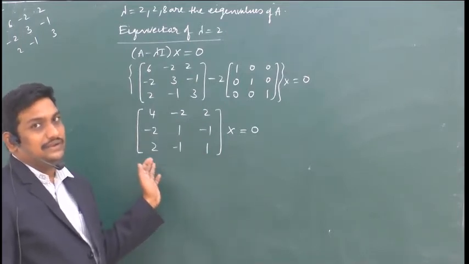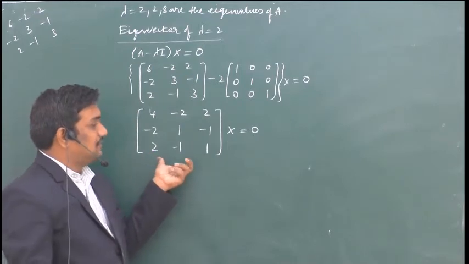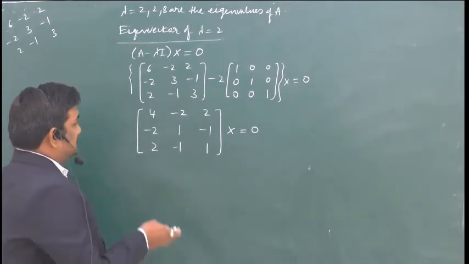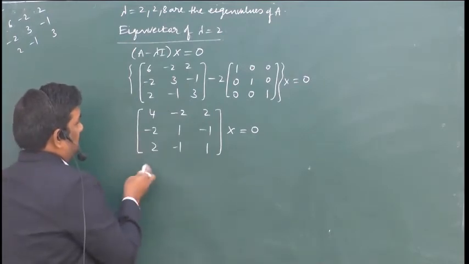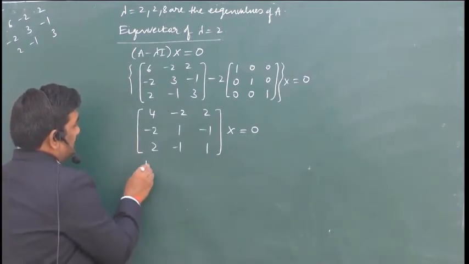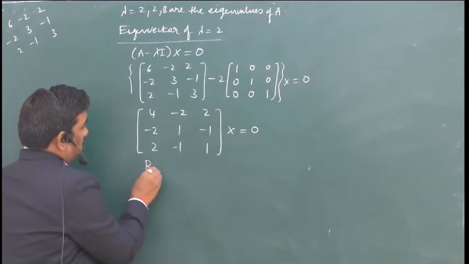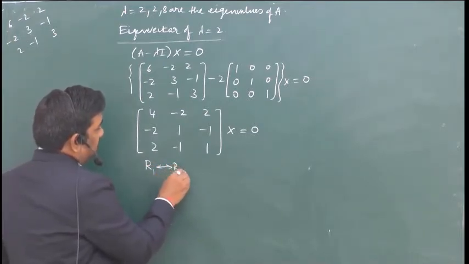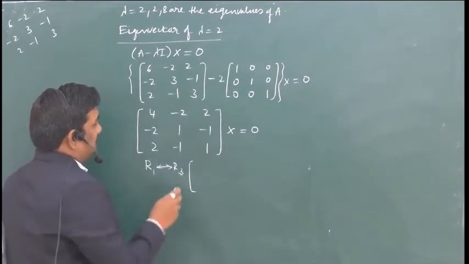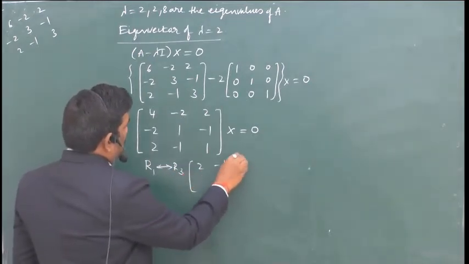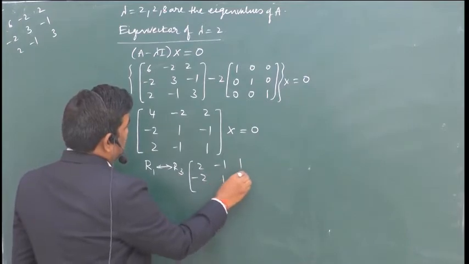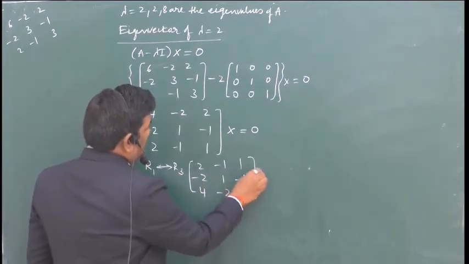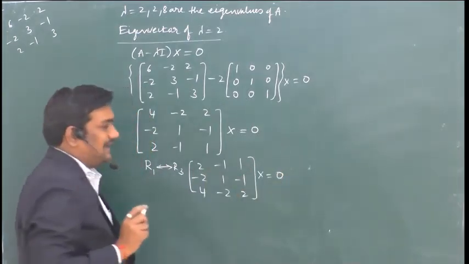For that I am interchanging row 1 and row 3. So it will be 2, minus 1, 1; minus 2, 1, minus 1; 4, minus 2, 2, into capital X equals the null matrix.